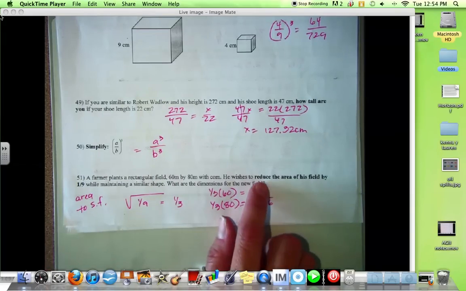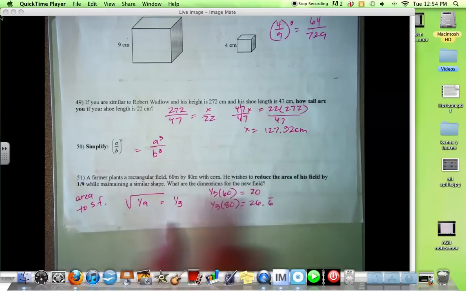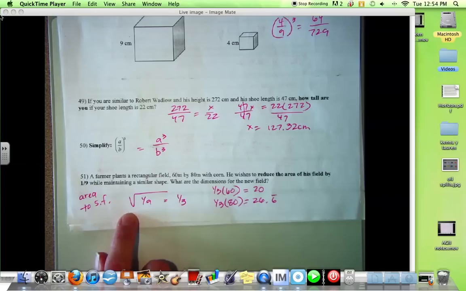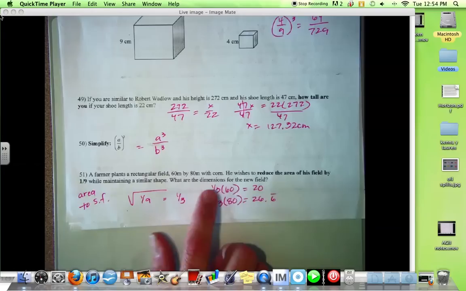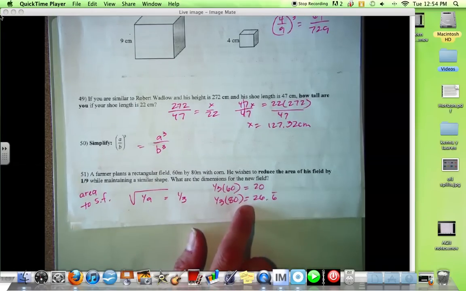He wants to reduce the area of his field by 1/9. So this is your area. You need to find the scale factor. Square root of 1/9 is 1/3. So 1/3 times 60 gives you 20, and 1/3 times 80 gives you 26.6 repeating.